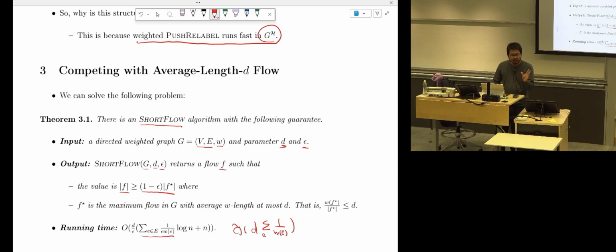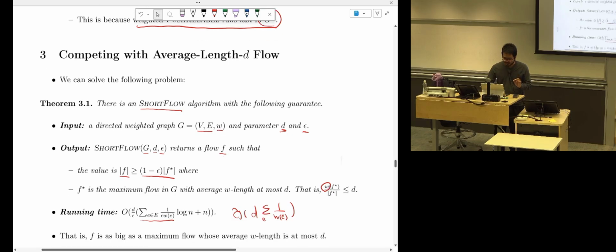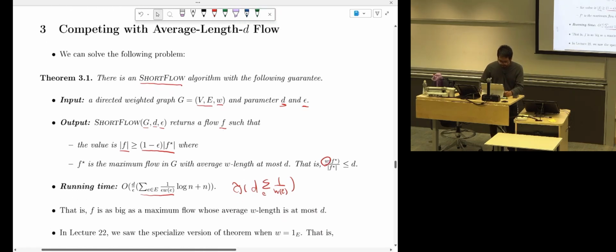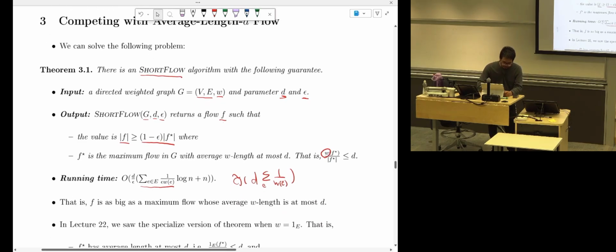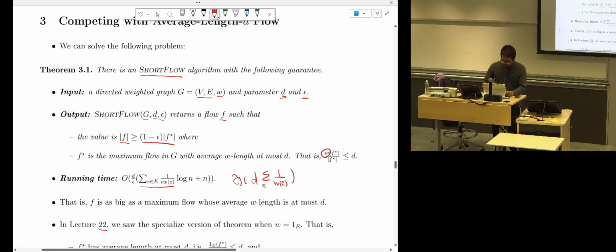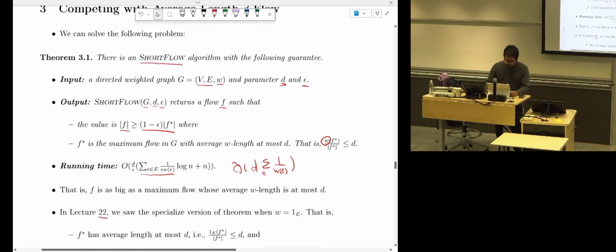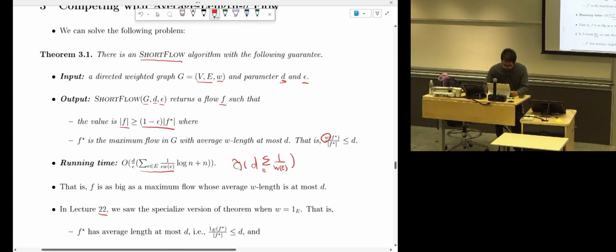I mean, we have seen this before when W is all 1. Actually, we proved this. You can have a look in some lectures ago. We saw the specialized version of this theorem when the weights are all 1.